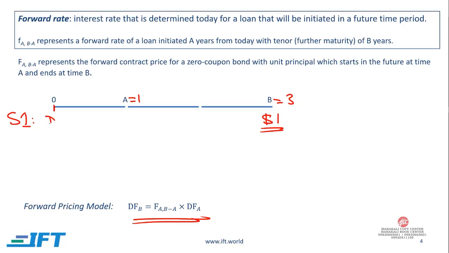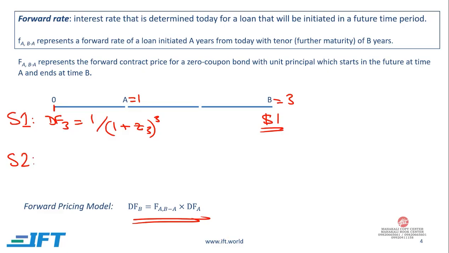The price is going to be DF3. And this is something we saw earlier. So DF3 is basically the $1 payment divided by 1 plus Z3, the spot rate, raised to the power of 3. But anyway, the present value is going to be DF3.